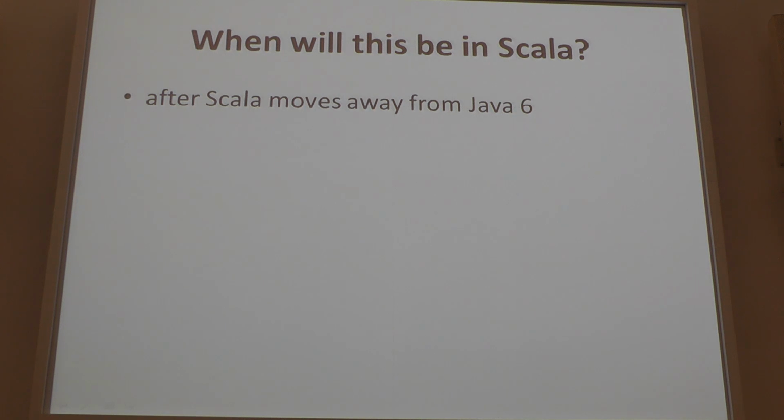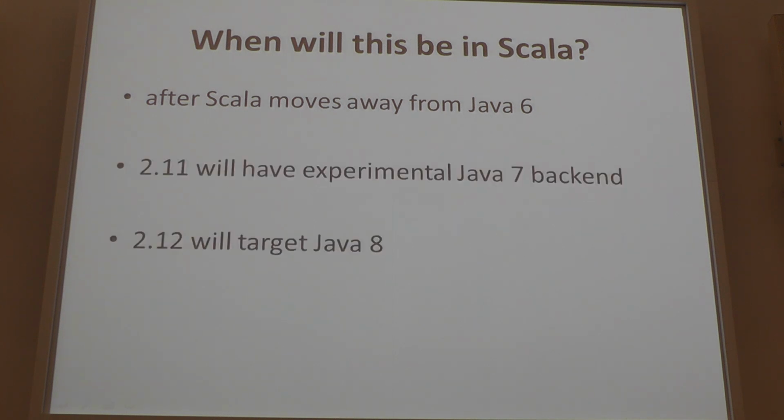So, for example, I know that Android developers have the Dalvik virtual machine that is basically Java 6. Android doesn't have the invoke dynamic instruction, so Scala wouldn't be usable on Android.